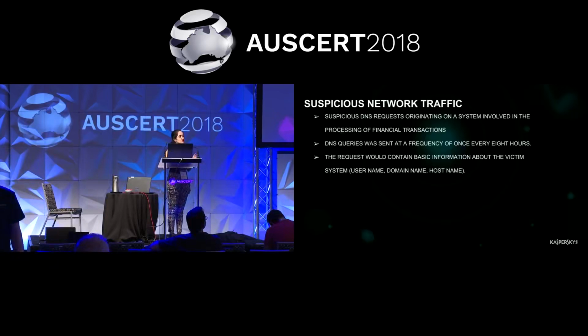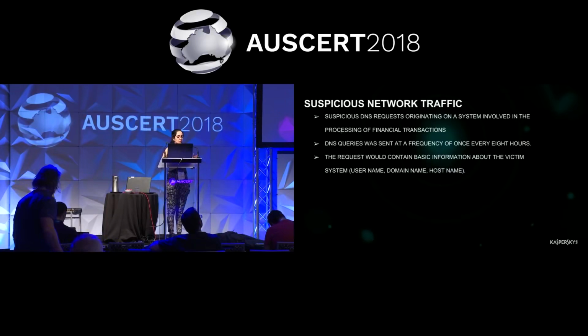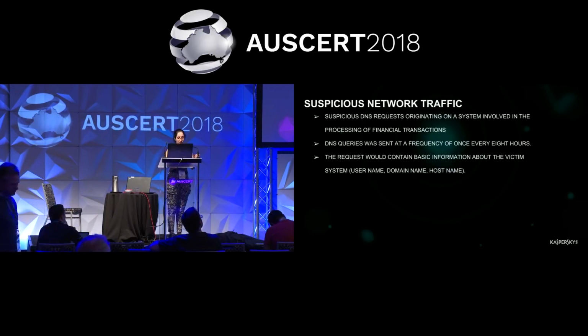This DNS request was even happening in a suspicious way. It was happening every 8 hours, and the security team had no idea what was going on. And also the packet that was sent to the server had some basic information about the system, username, domain name, and also host name of the system.